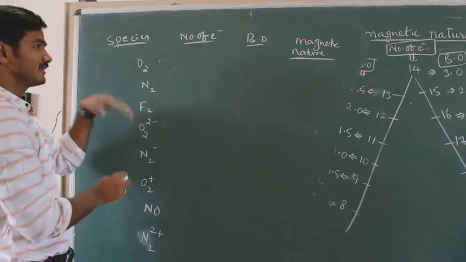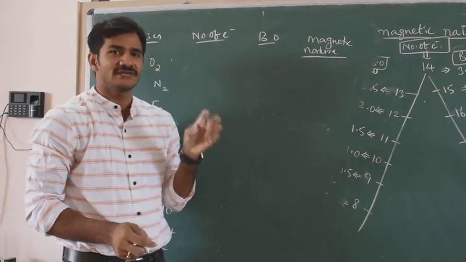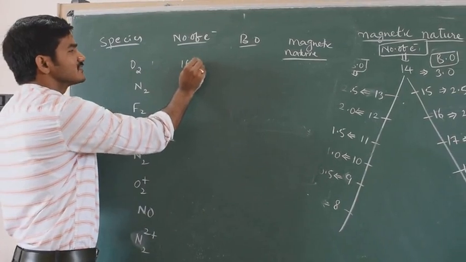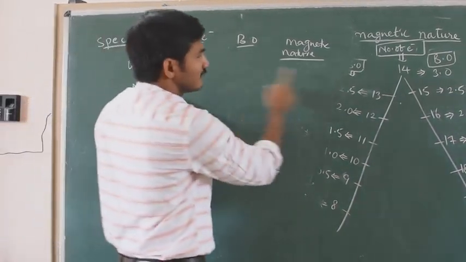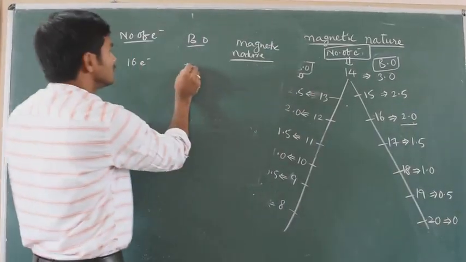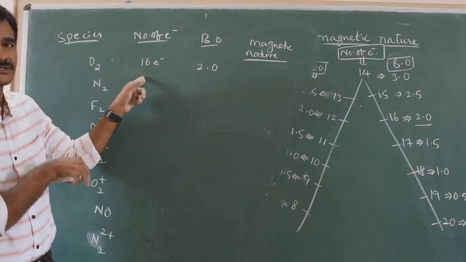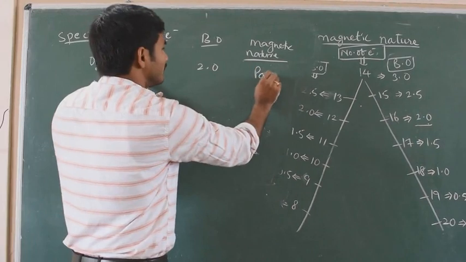Bond order and magnetic nature, together we will discuss in this example. O2: how many electrons are there? 16 electrons. Bond order 2.0. Is 16 an even or odd number? Even, but 16 is the exception, so we write para.